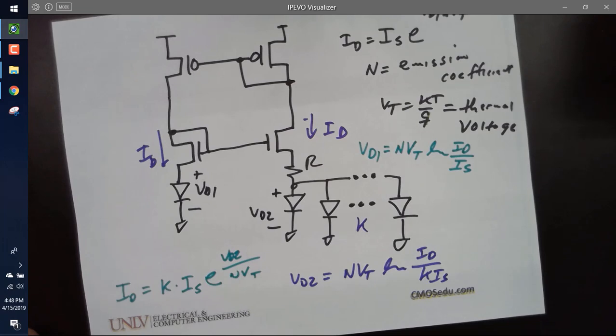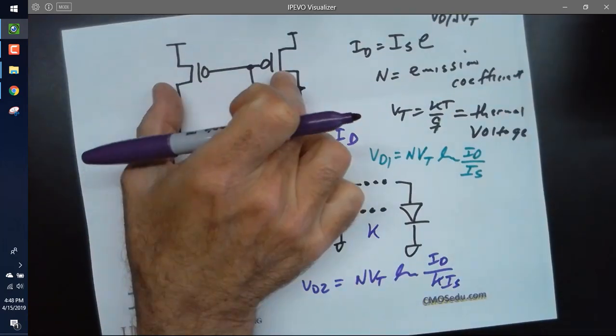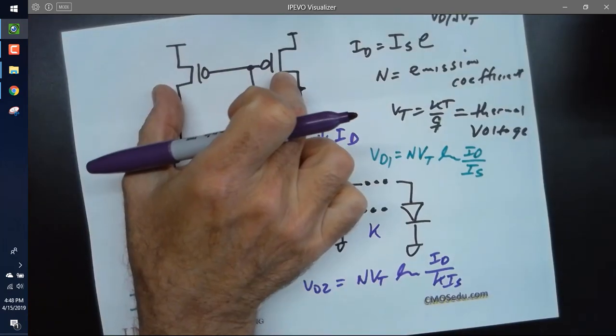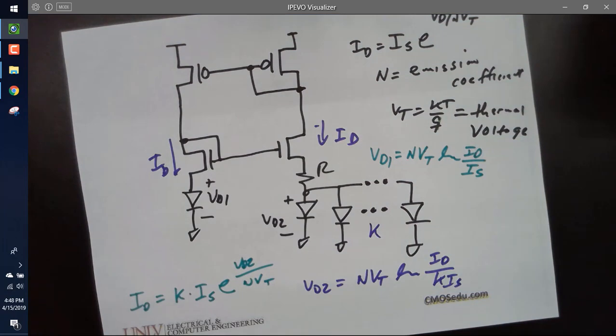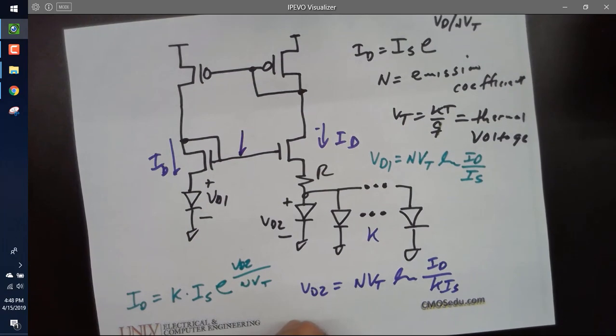So now here I ask the next question. How do I calculate the current? Well, would everybody agree they have to be the same? I'm forcing them to be the same with the current mirror up here. So how do I calculate ID? Well, let's ask simple questions. What's that voltage?